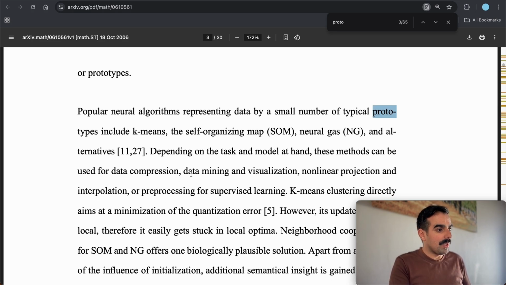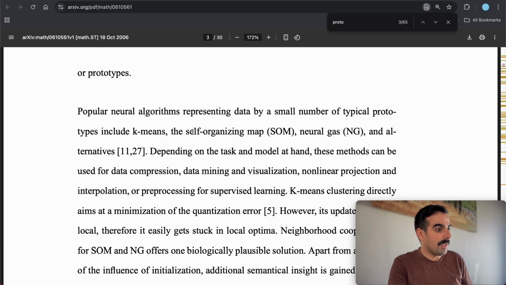Usually the term prototype is used when we are mapping samples to prototypes. Prototypes are usually much fewer than the number of samples. So cluster centers could be called prototypes. Neurons in self-organizing maps are called prototypes. Neurons in a neural gas are called prototypes.